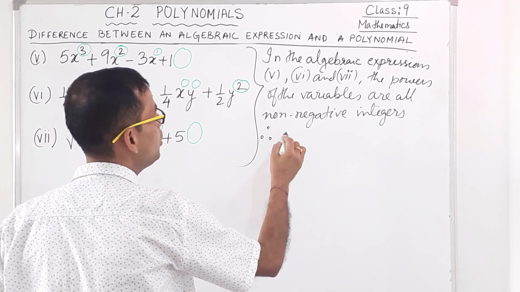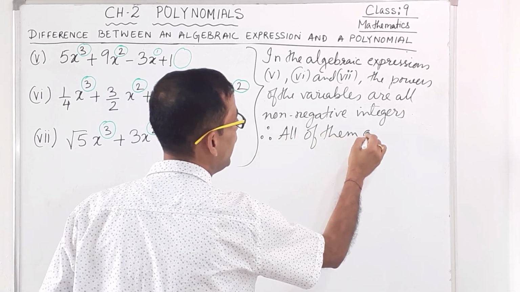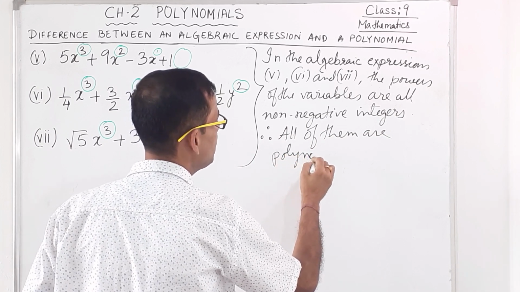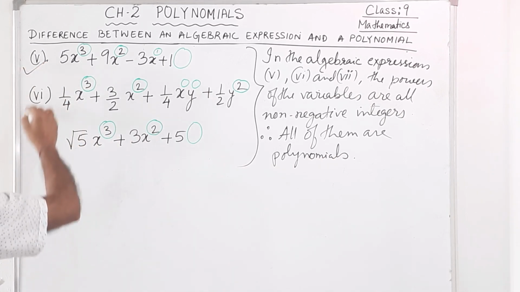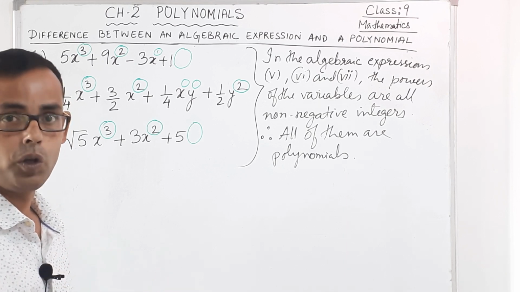Therefore, all of them are polynomials. They all are polynomials. This is also a polynomial, this is also a polynomial, this is also a polynomial. I think now you can understand which one is an algebraic expression and which one is a polynomial.